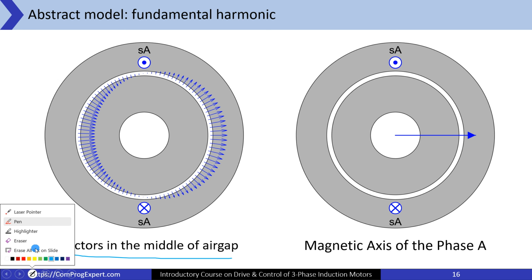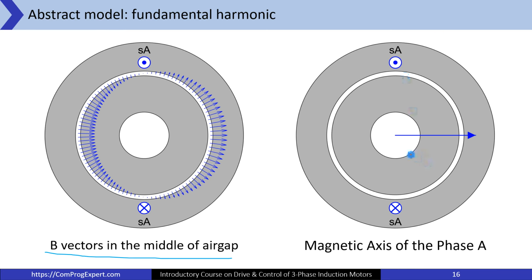So for this case, we have again the magnetic axis here, and we are going to derive the abstract model considering the fundamental harmonic of the waveforms generated by the phases.